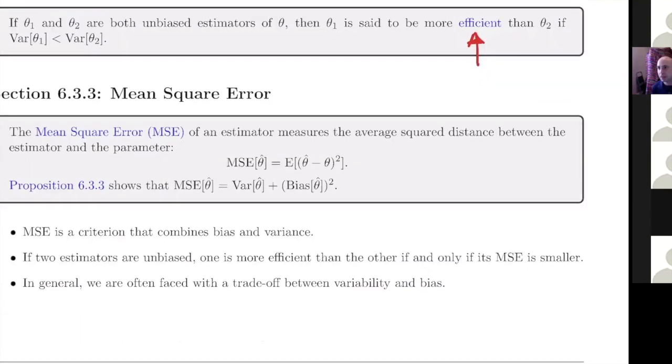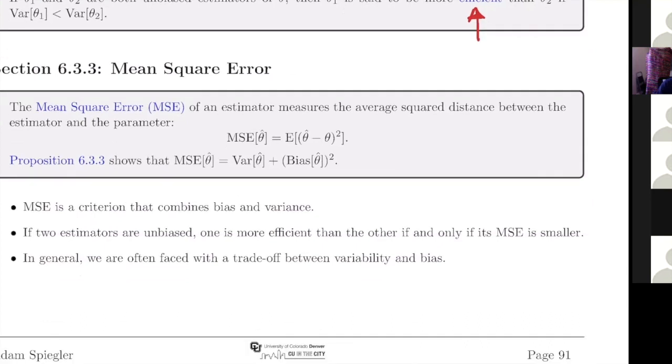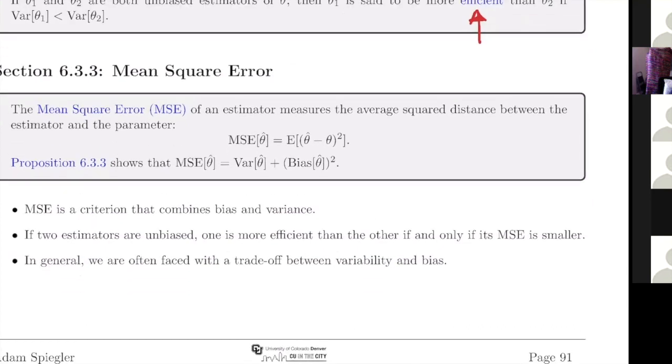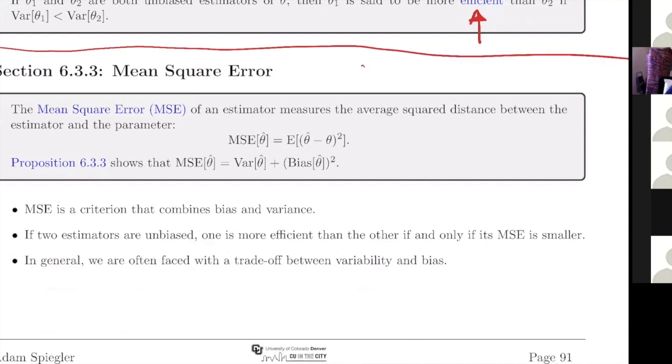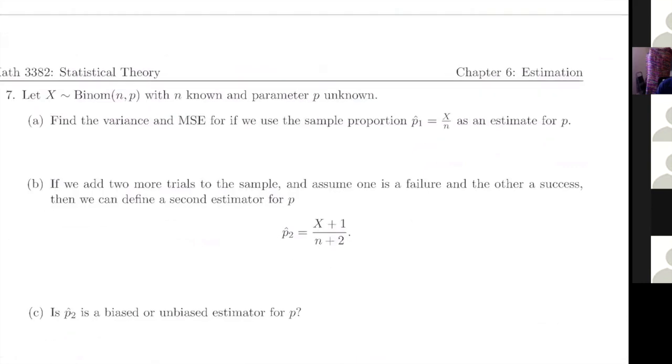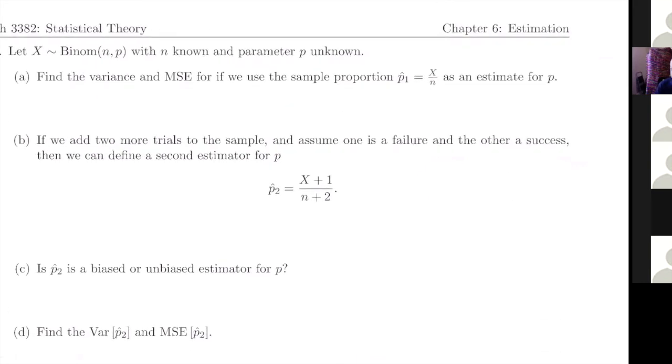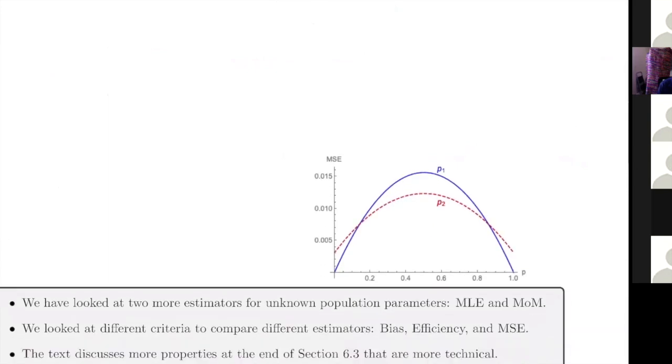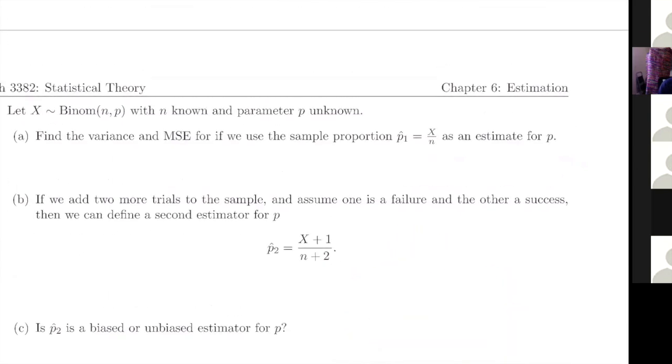Okay, so maybe I'll just stop here and say if you're curious about this part you can consider it optional, but I'll put up a little video that walks through this example as well if you're curious about how mean square error works. But you'll see another estimator for the population proportion is the consideration here.